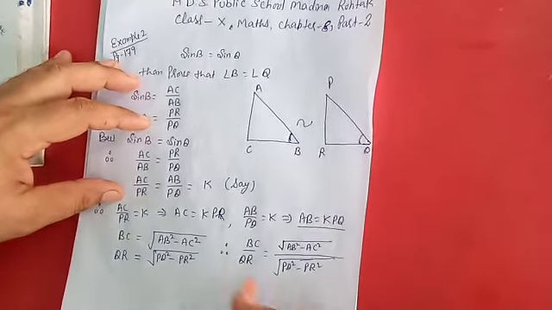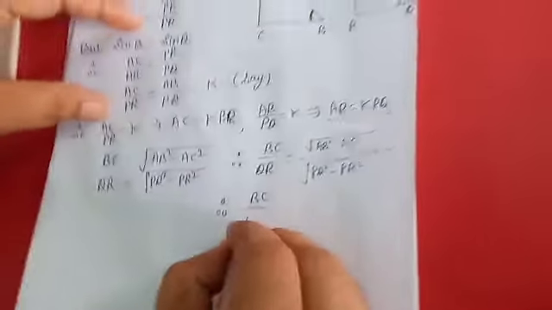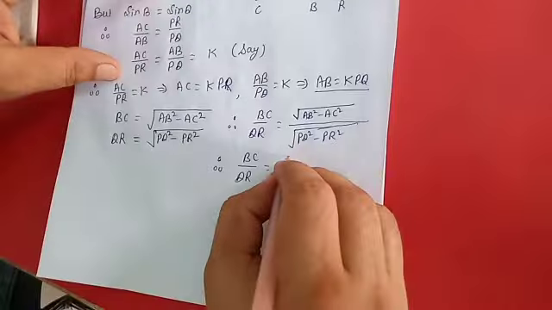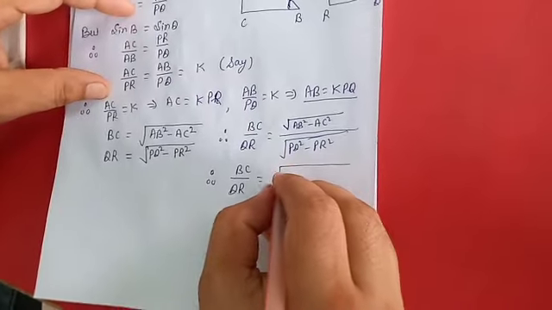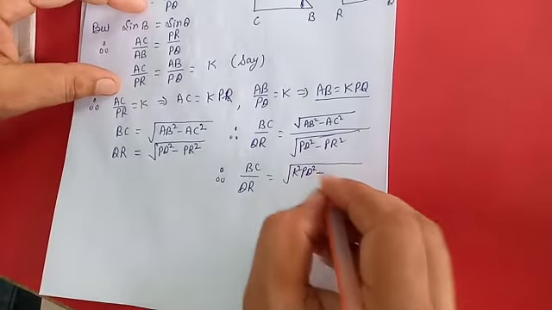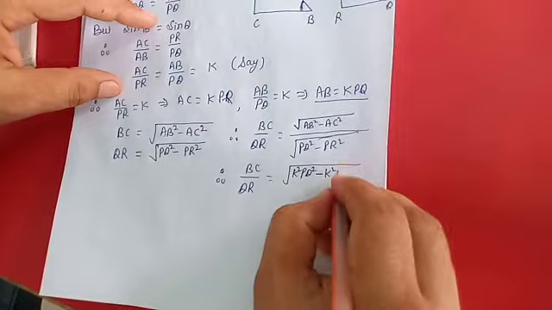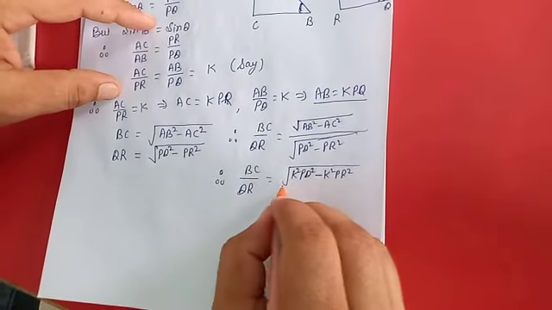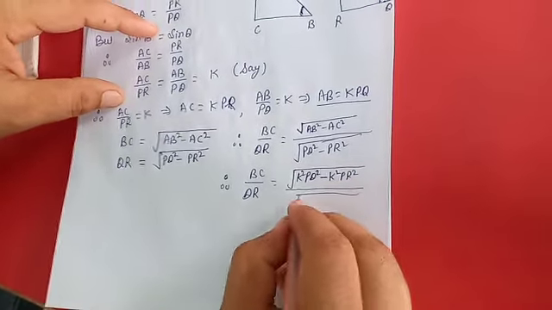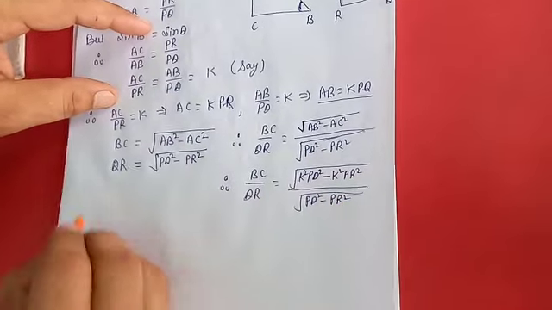So we can put this. Therefore, BC by QR is equal to under the root K square PQ square minus K square PR square, AC is what? K PR, by under the root PQ square minus PR square.